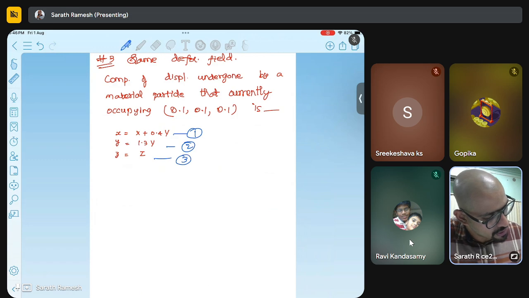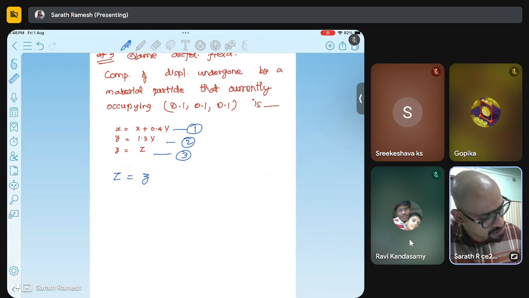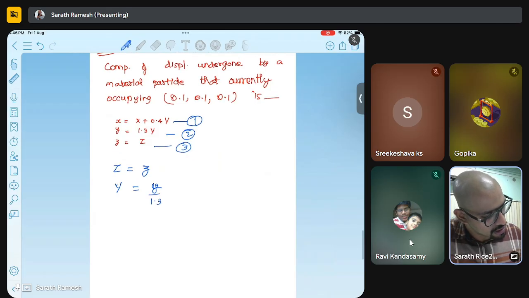Equation number 3 is direct: capital Z is small z. Equation number 2 is also direct: capital Y is equal to small y by 1.3. Equation number 1, we have to substitute.